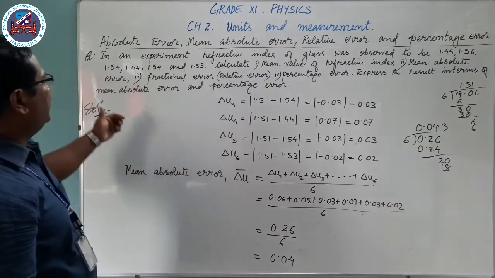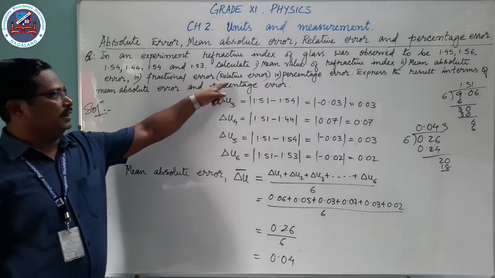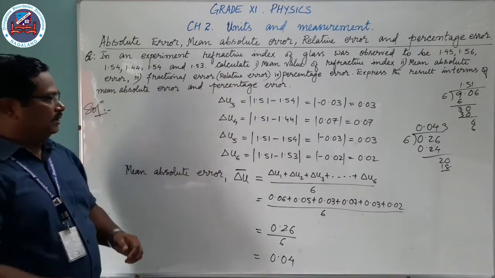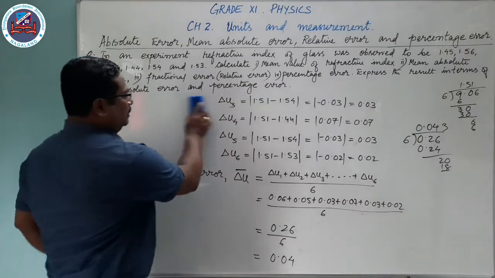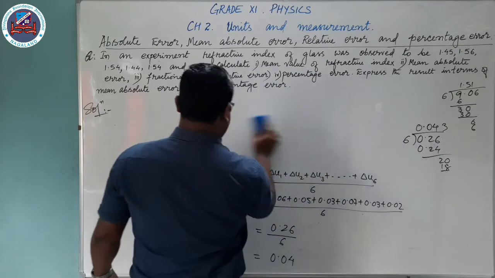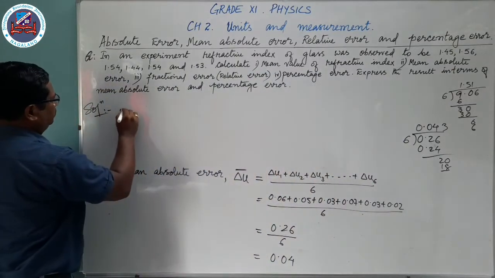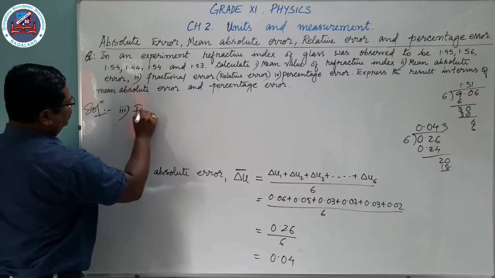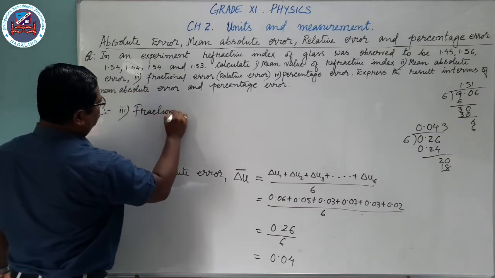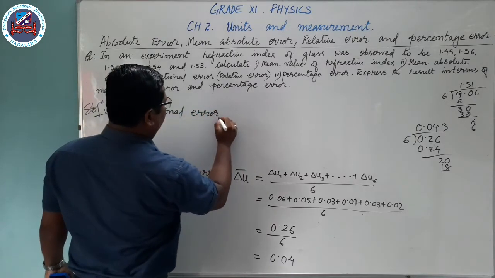After you find out the mean absolute error, the next thing we'll have to find out is the fractional error, which we call the relative error as well. The third one is the fractional error, or relative error.